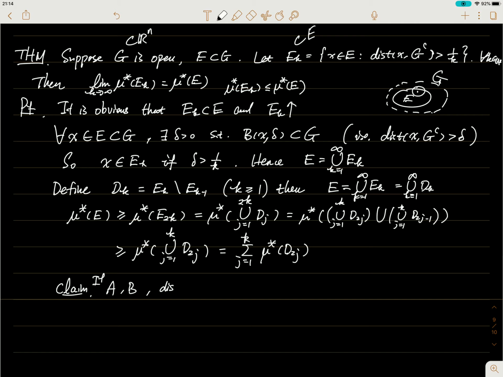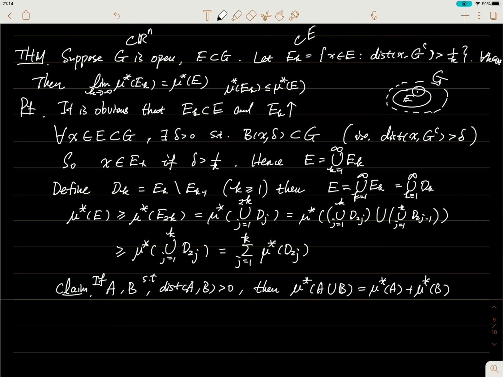So if A and B are such that the distance between them is positive, then I'll claim that the mu star, the outer measure, actually has this additivity, which means this is equal to this plus this. Okay, if their distance is not greater than 0, if it's equal to 0, then we cannot really make this claim. But if it's bigger than 0, we can make it.